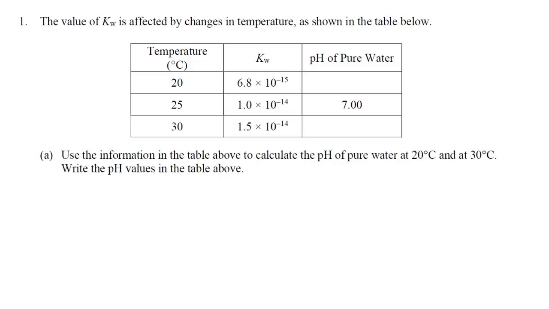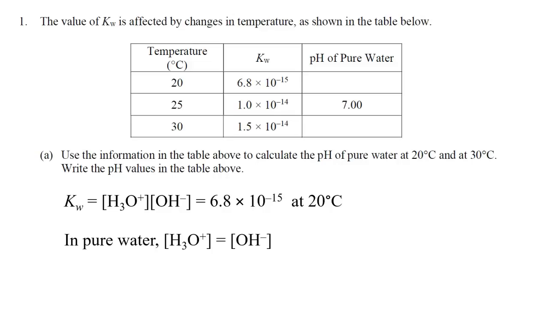So let's begin with 20 degrees Celsius. I'm going to write the Kw expression, and then we have to remember that in a sample of pure water, the concentration of the hydronium ion is always equal to the concentration of the hydroxide ion. So all we have to do now is take the square root of the Kw to determine the concentration of the hydronium ion.